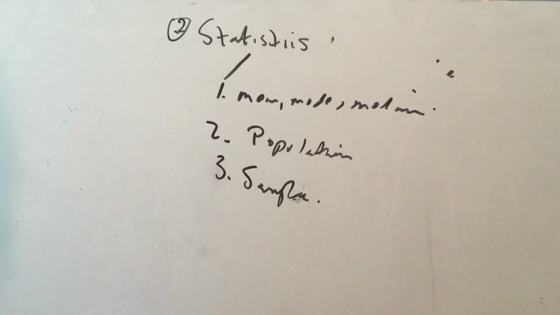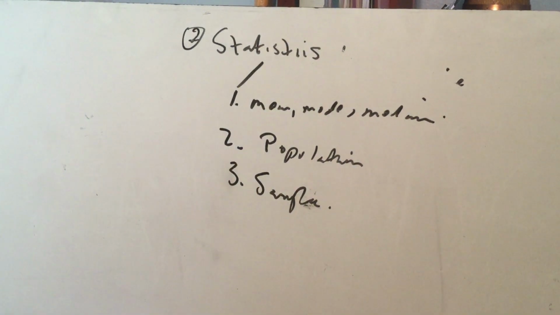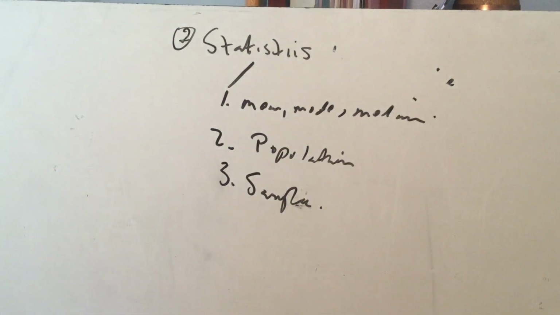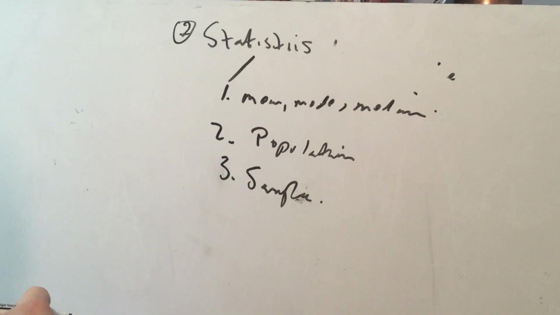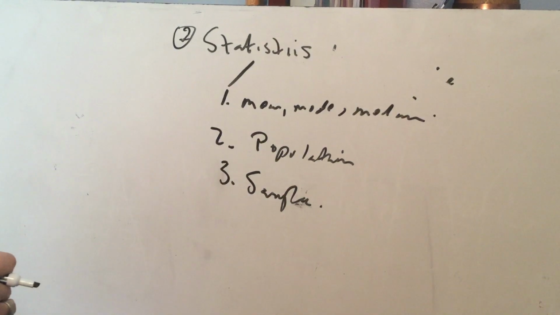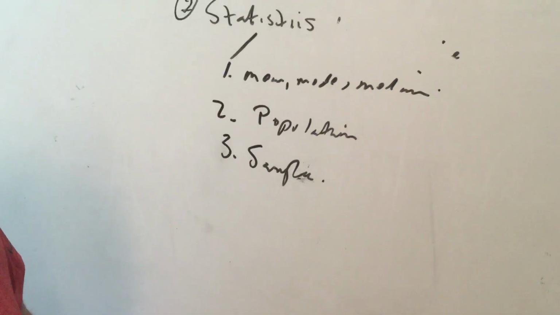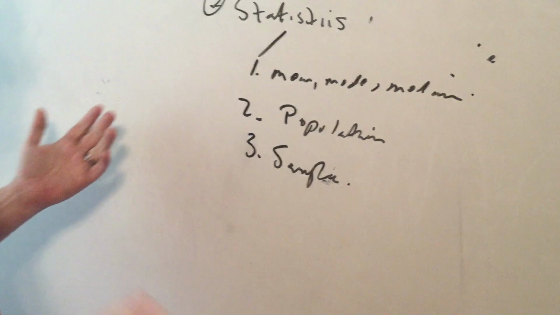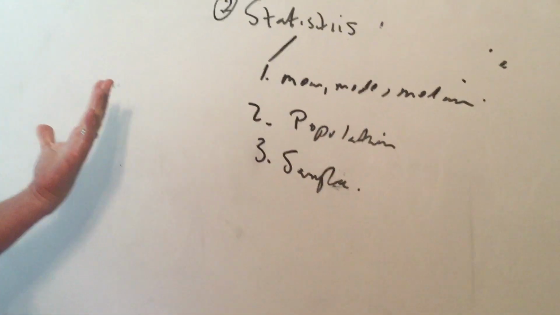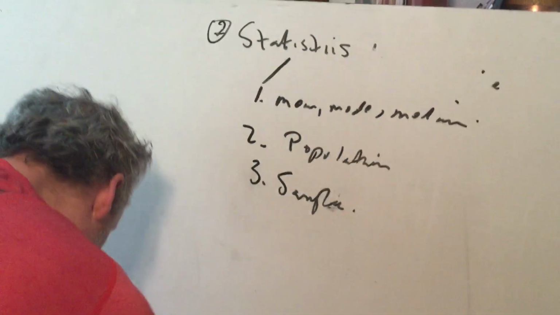So if we take a study of all of the USA and we see how many people in Tampa like to eat ice cream, the sample would be Tampa, and the population is the whole USA. Beautiful.